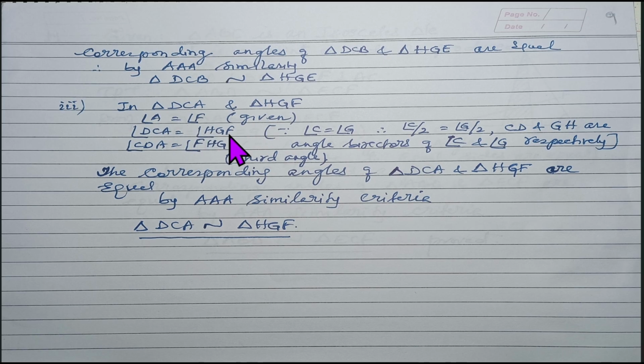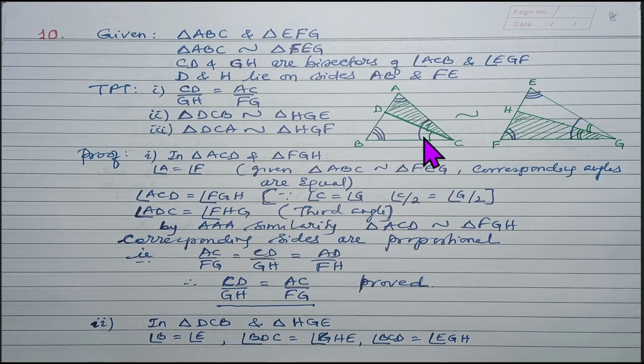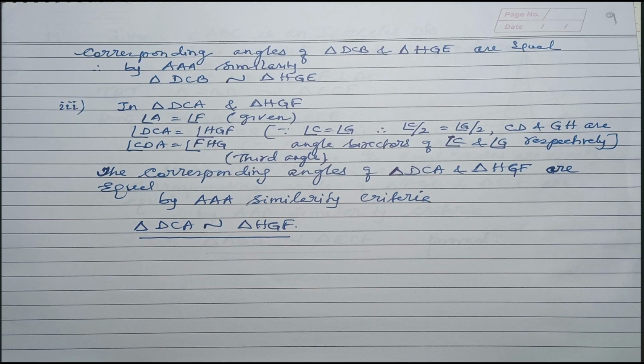Angle DCA and angle HGF are equal because angle C is equal to angle G, therefore it is angle bisector, both are equal. Angle CDA is equal to angle FHG, and that is the third angle. So by triple similarity, again here the two triangles are similar, therefore triangle DCA is similar to triangle HGF.